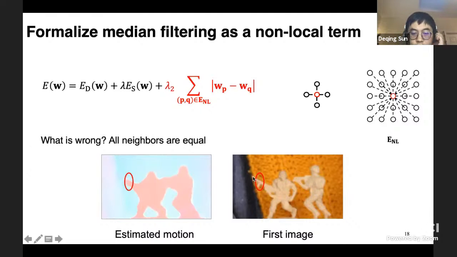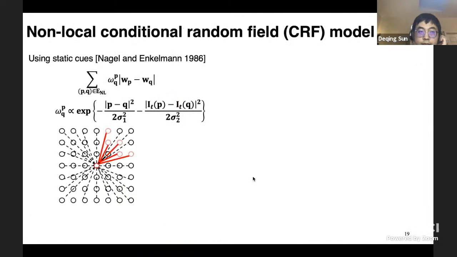And so what we propose is, because we have the formulation, we can just introduce a fix on the assumption, which is to use the static image cue and to weight the non-local term, which is similar to a conditional random field. So we use the spatial and the color distance to weight the non-local term.